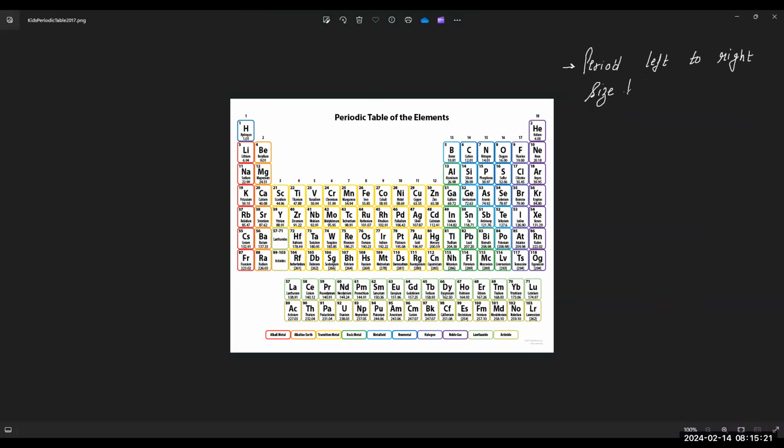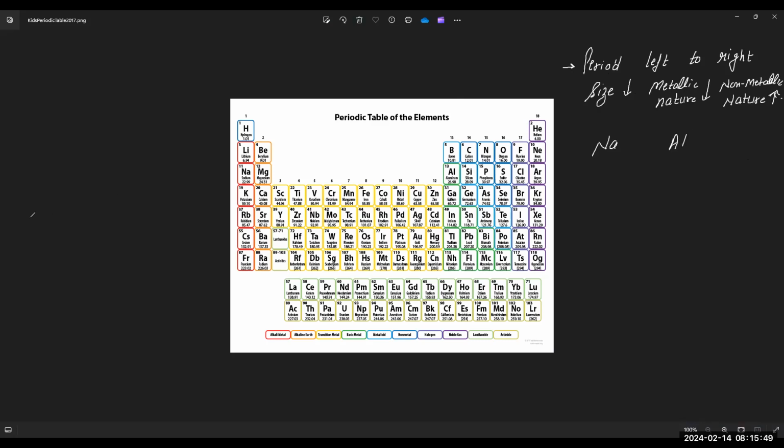Size decreases. Metallic nature: the tendency to lose electron decreases. Non-metallic nature increases. You're understanding this? Okay, now I'm saying sodium and aluminum.